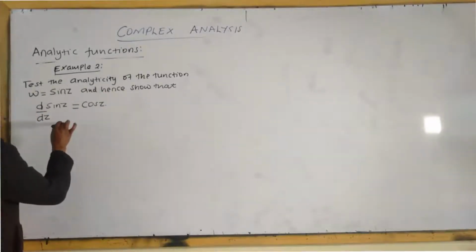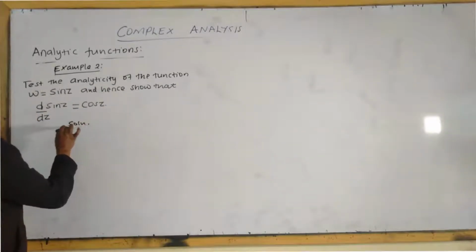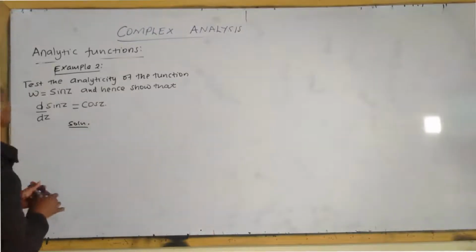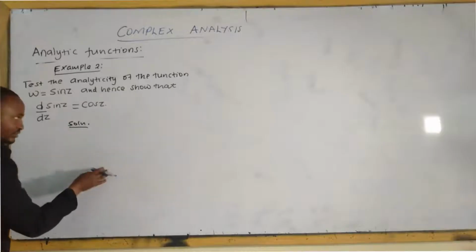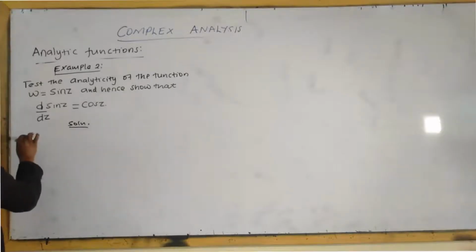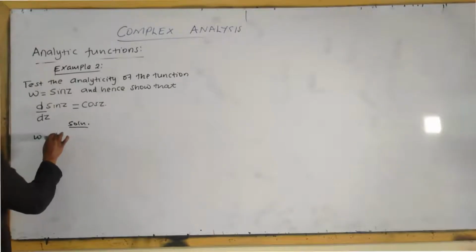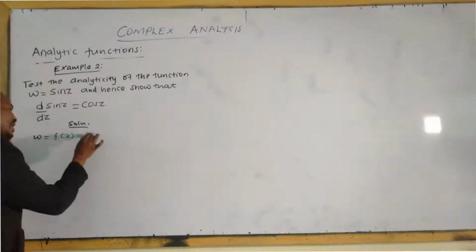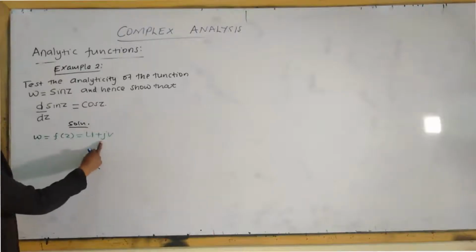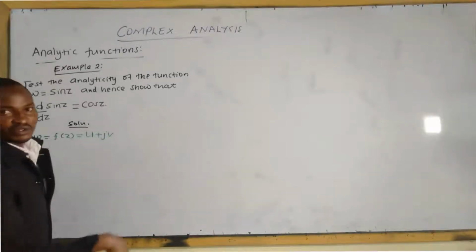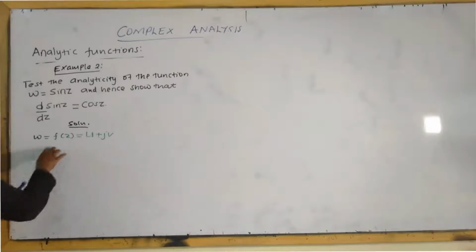So here we know that w is equal to the function z, is equal to u plus jv. It's good to know these three forms because you'll be required to equate at least two of them.